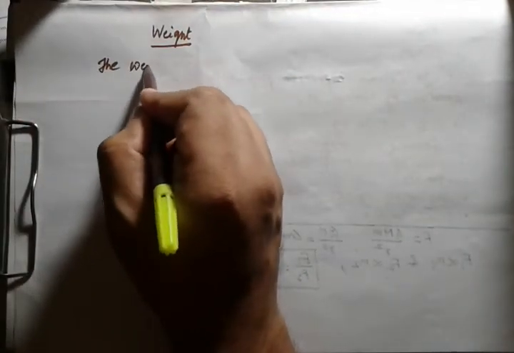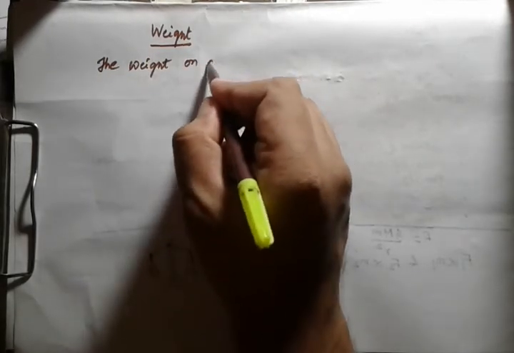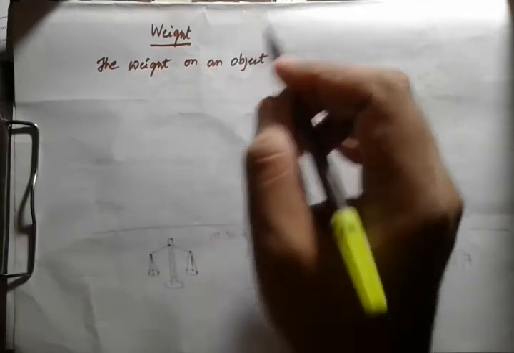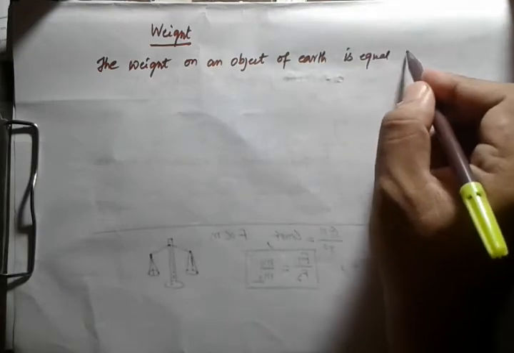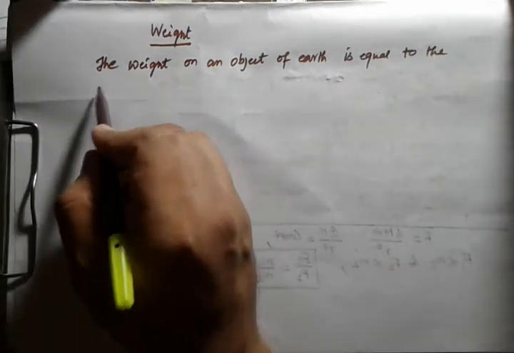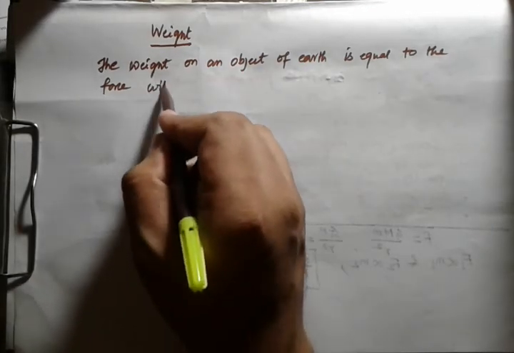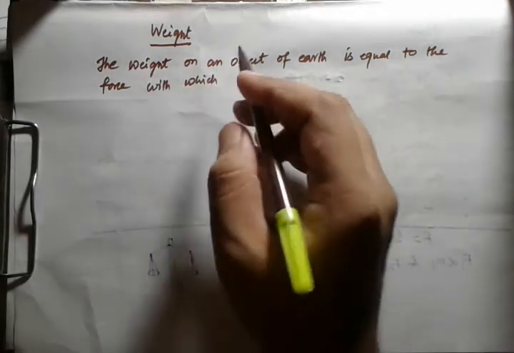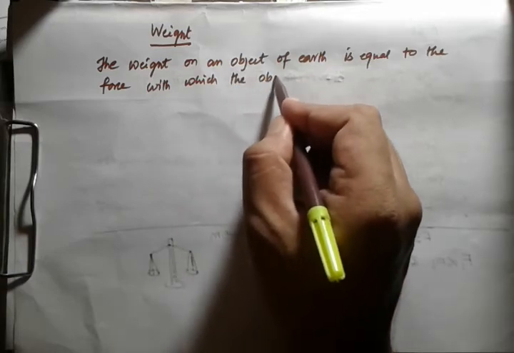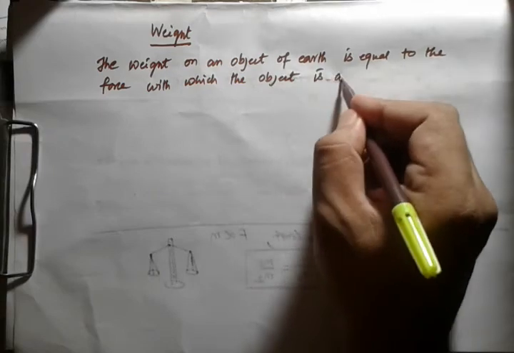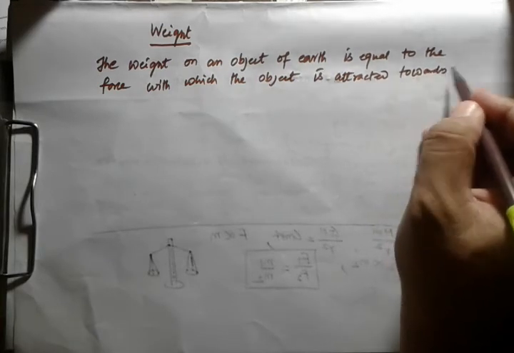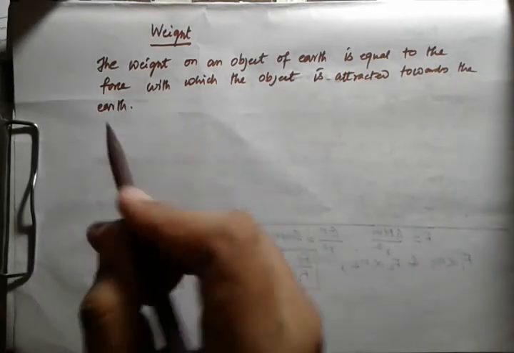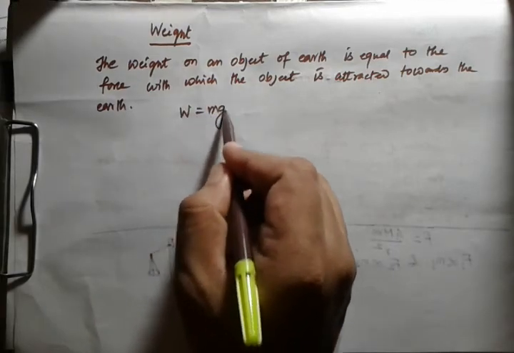The weight of an object on the earth is equal to the force with which the object is attracted towards the earth. The formula is W is equal to m into g.